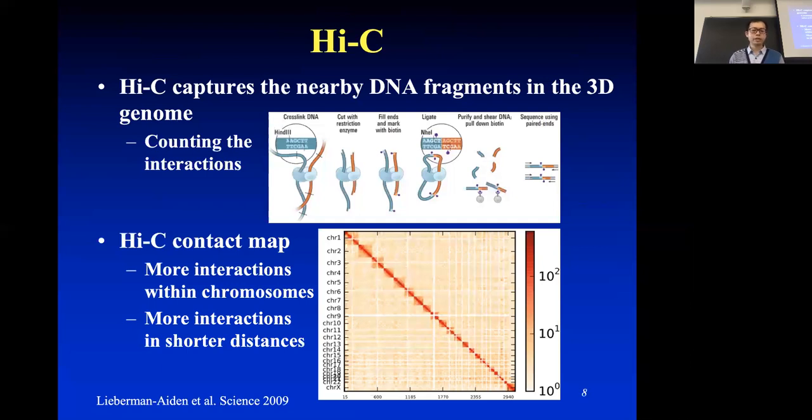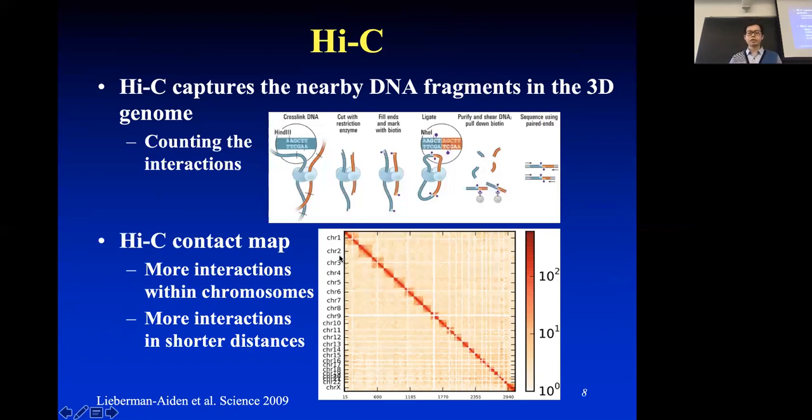Just by looking at this figure, we can probably already reach a very important conclusion and understanding of the interaction. The first obvious pattern we can see is that there are clear different blocks on the diagonal. If we map those blocks back to the human genome, we will find that the first block corresponds to the first chromosome, the second block to the second chromosome.